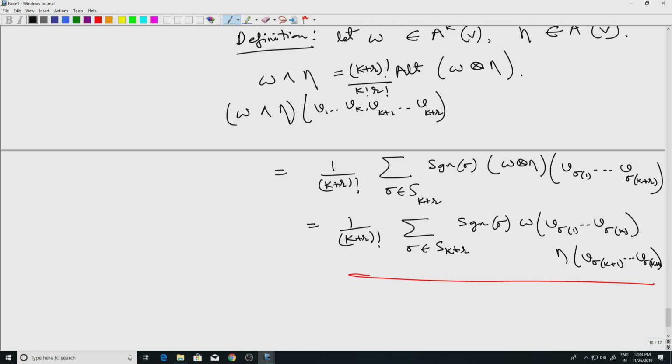So that cancels with this, and one is left with, well, that still doesn't explain exactly why it's defined like this, but at least that part cancels and you end up with this 1 over k factorial r factorial.